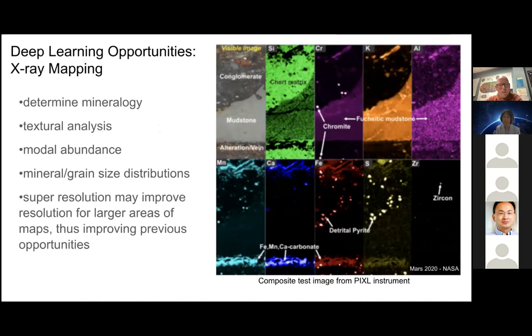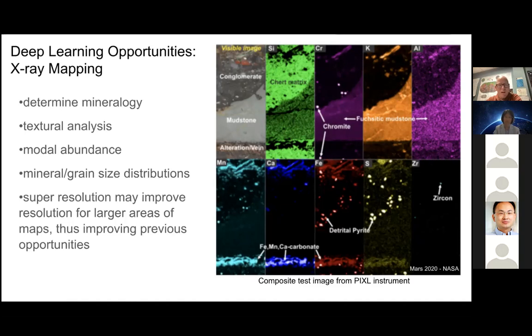It's an instrument that currently occurs on the Mars 2020 rover called PIXL. It's another way that we can measure and create X-ray maps of samples using instrumentation. And in this case, PIXL stands for Planetary X-ray Instrument for Lithochemistry.